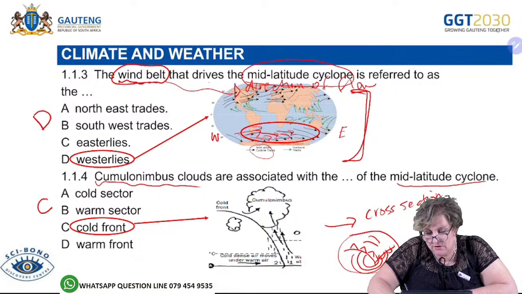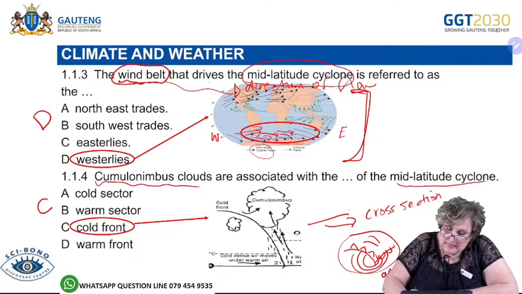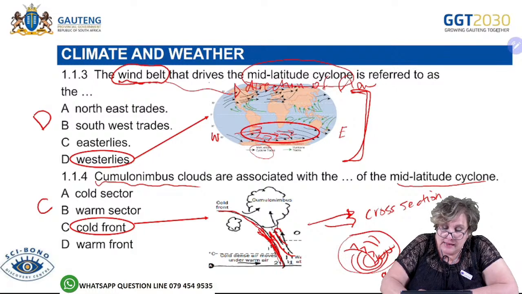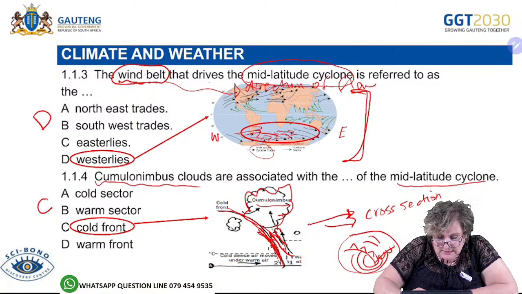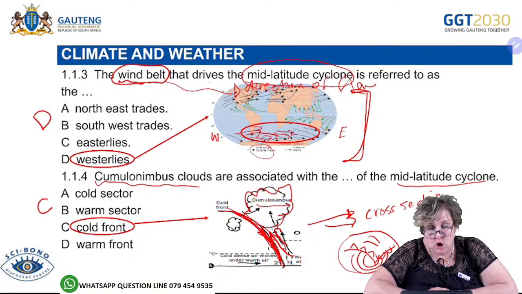This is the aerial view. This is the cross section. So there's my cold front, and the cold front is responsible for the fact that this air rises with the steep slope of the cold front. Therefore, cumulonimbus clouds are going to form. So my cumulonimbus cloud forms here on the cold front.